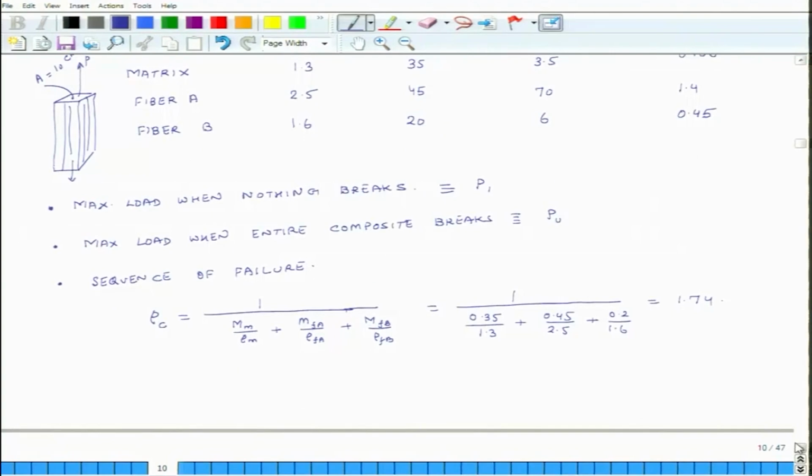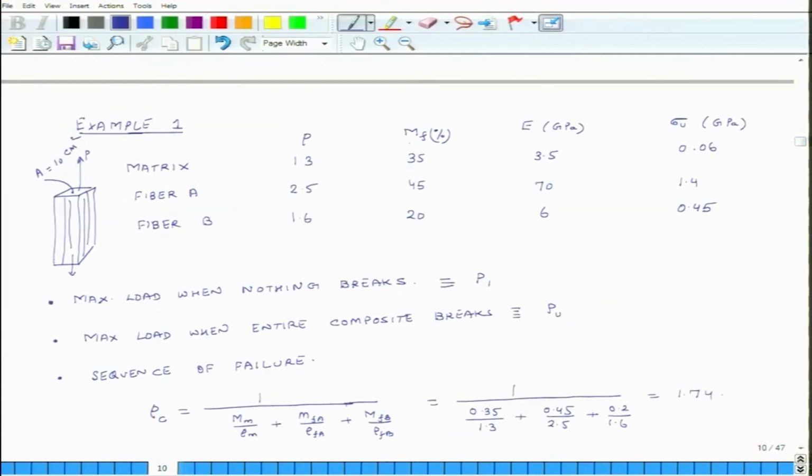Now with this density we can calculate the volume fractions of each component, because we know the mass fractions.